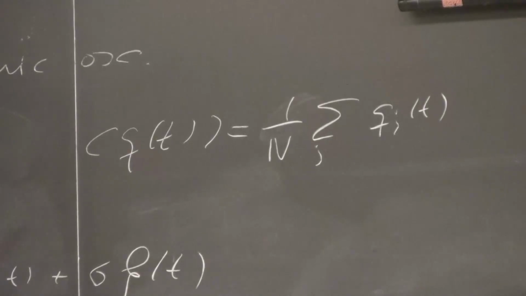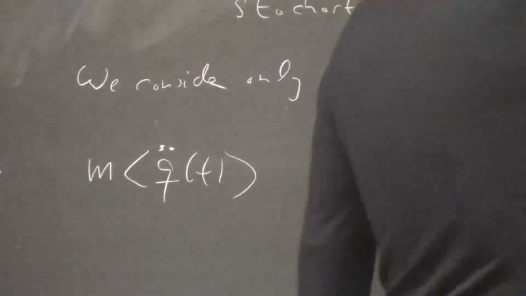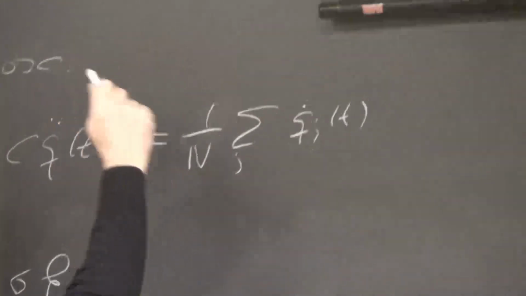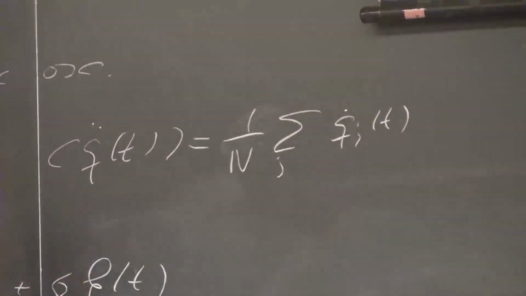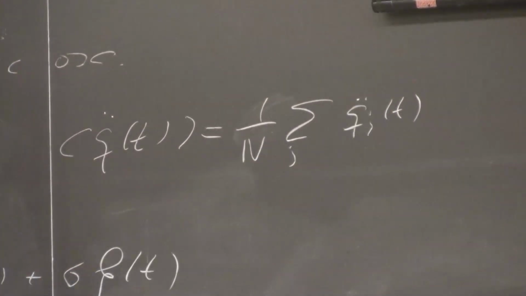And if we do this, then we have on the left-hand side our average, but you can see quickly that when you take the first derivative, you get the first derivative. You take the second derivative, you get the second derivative, and so on. So the average is not altered by taking a time derivative, and so we get it straight here for the second time derivative.